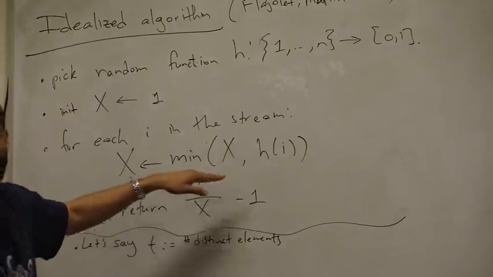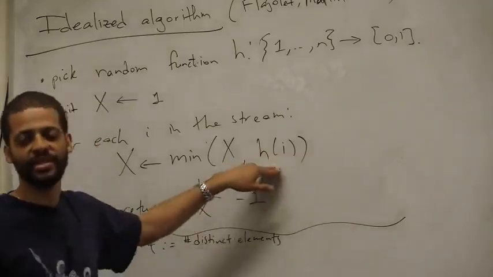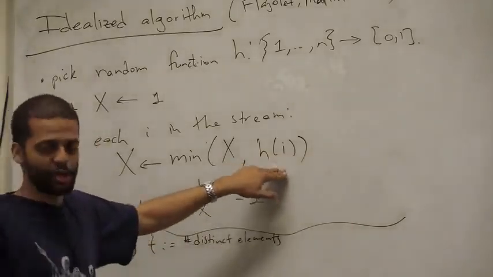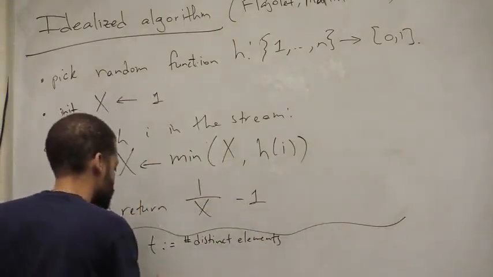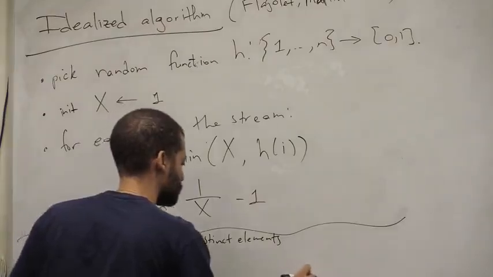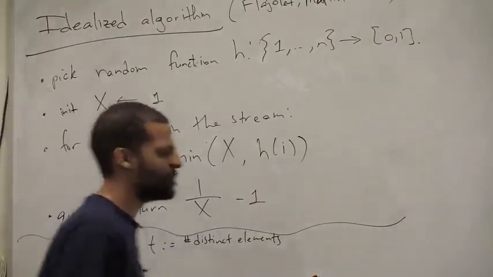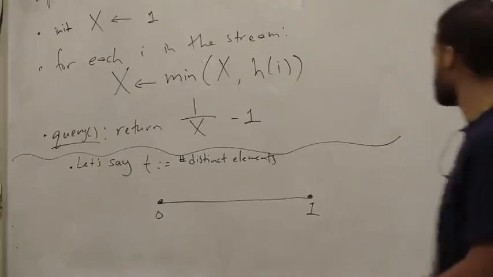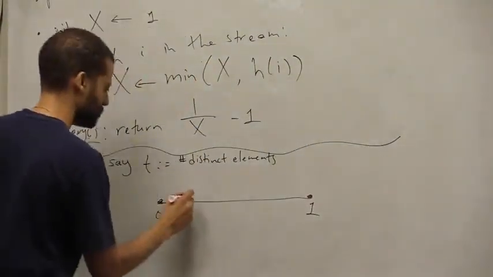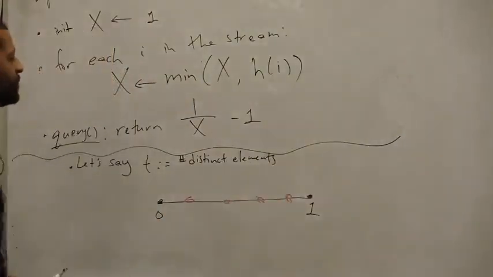There are T random numbers here: h of the first element, h of the second, up to h of the T-th distinct element. Those are just T independent random numbers. So we have this continuous interval from 0 to 1, and we have T independent random numbers being dropped onto this interval. Let's say T is 4. So we have 4 random numbers on this interval.